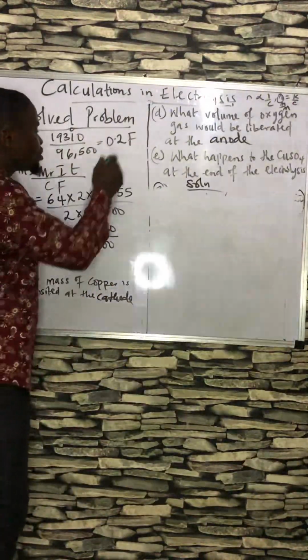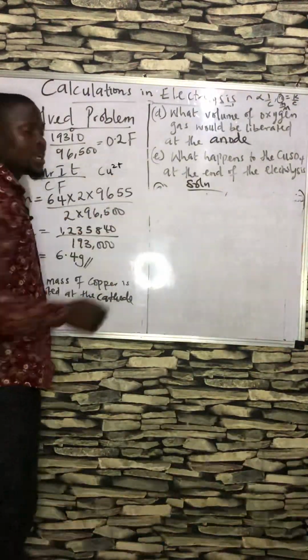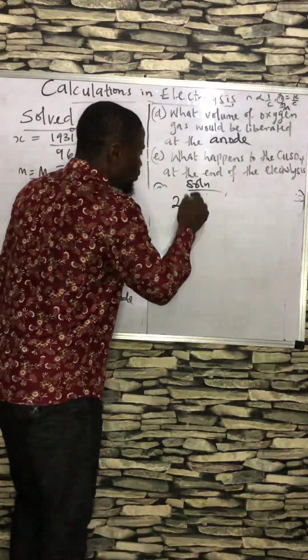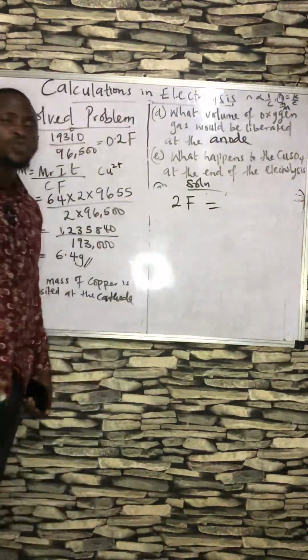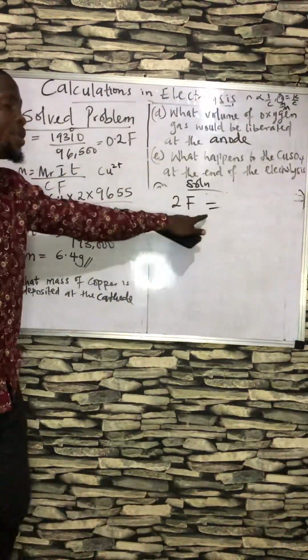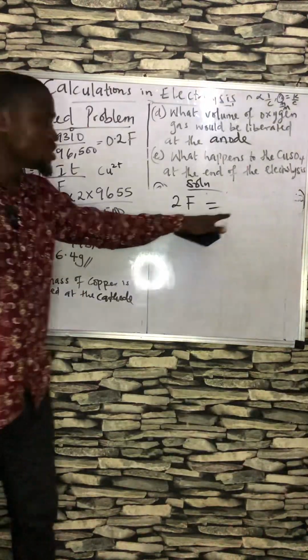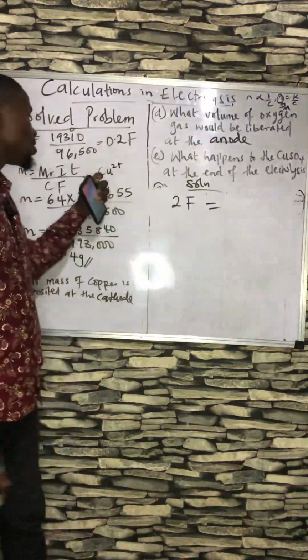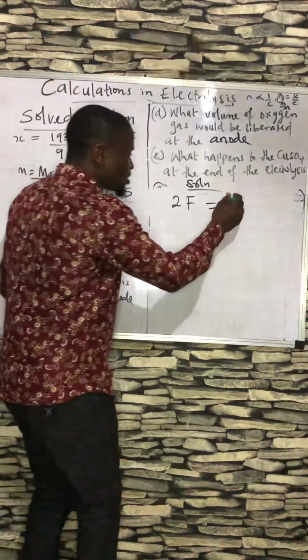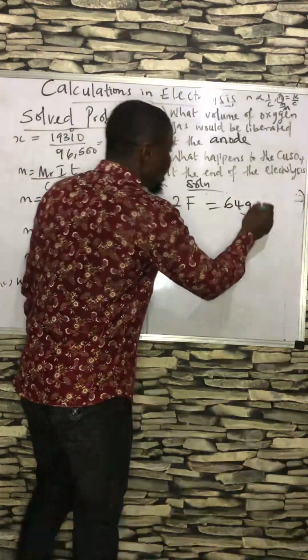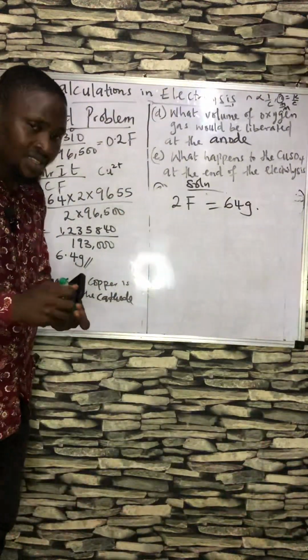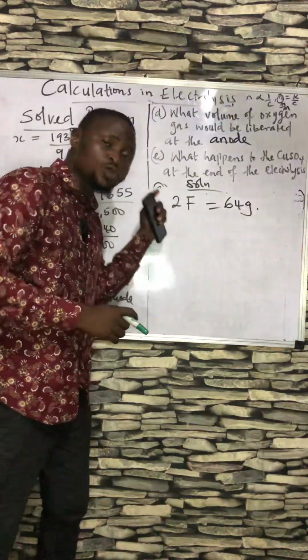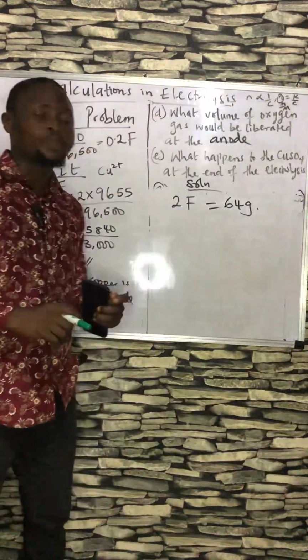In this case, copper is always 2 plus. So it therefore means 2 Faradays will be equated to the molecular mass of what? Of copper. In this case, it is 64 gram. That's the standard. Because copper is 2 plus, 2 Faraday will give you 64 gram.